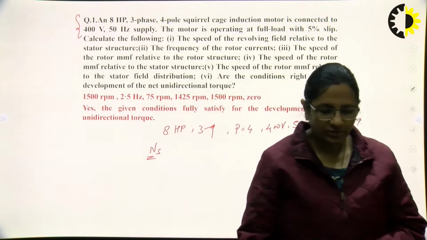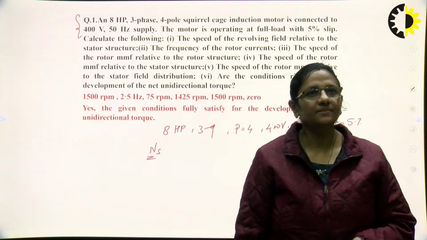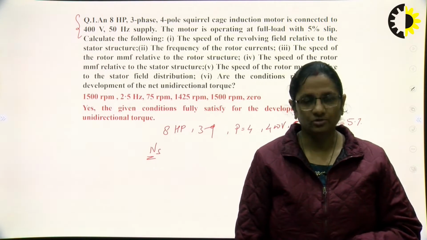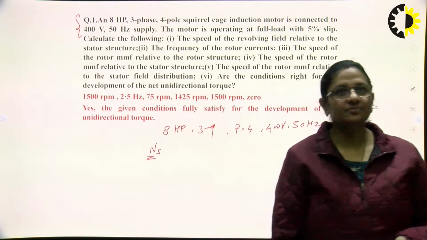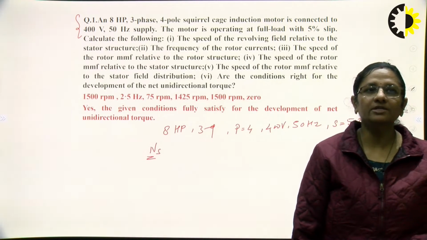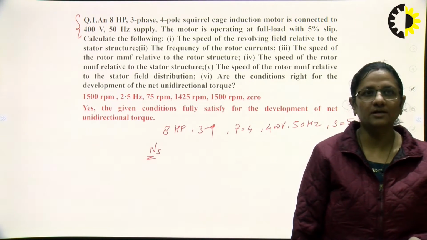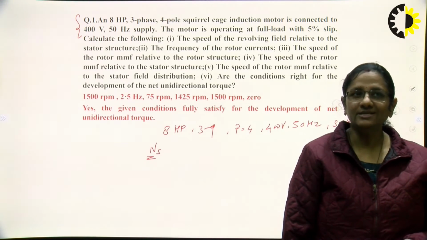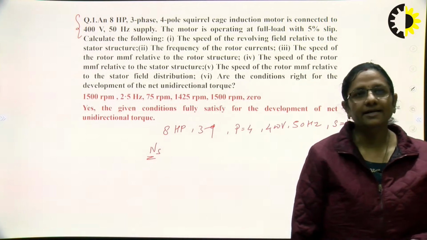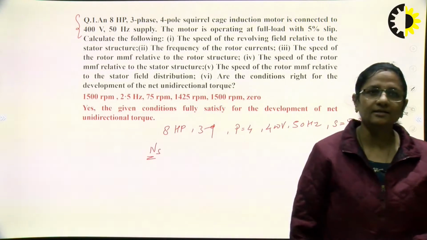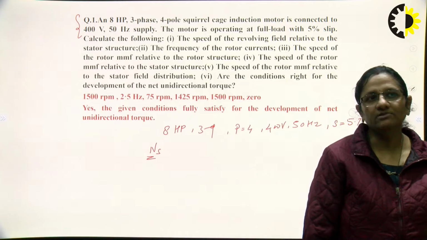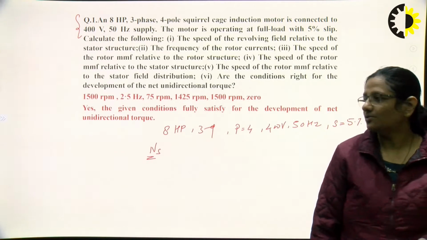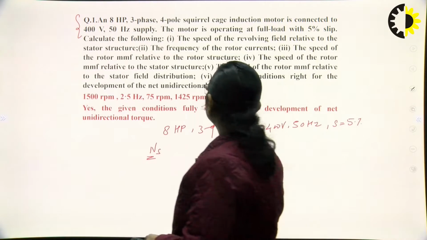In the second part, we need to calculate the frequency of rotor currents; in the third part, the speed of rotor MMF relative to rotor structure; in the fourth part, the speed of rotor MMF relative to stator structure; in the fifth part, the speed of rotor MMF relative to stator field distribution; and in the sixth part, the question is asking, are these conditions right for the development of the net unidirectional torque? So, let us find out the answer for all these parts.